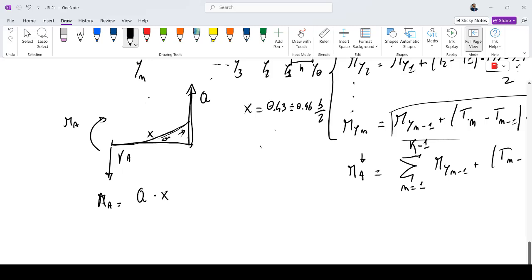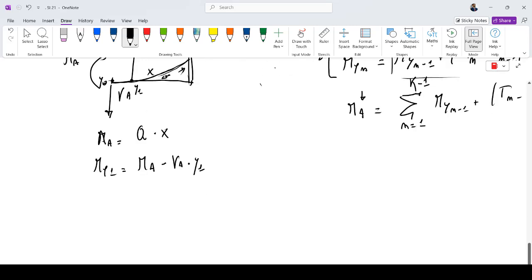So I have here epsilon 0. Now the local load L1 is placed at epsilon 1. If I want to calculate the moment at epsilon 1, it is equal to MA minus VA times epsilon 1.